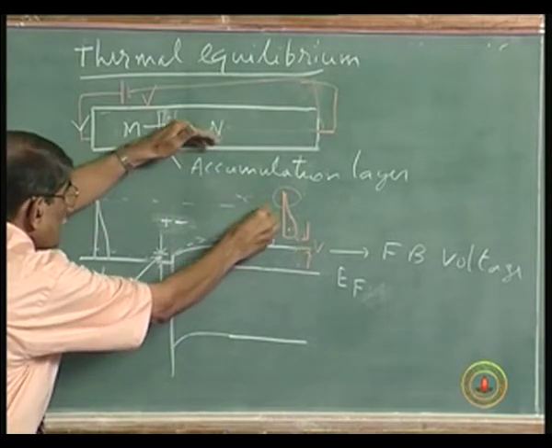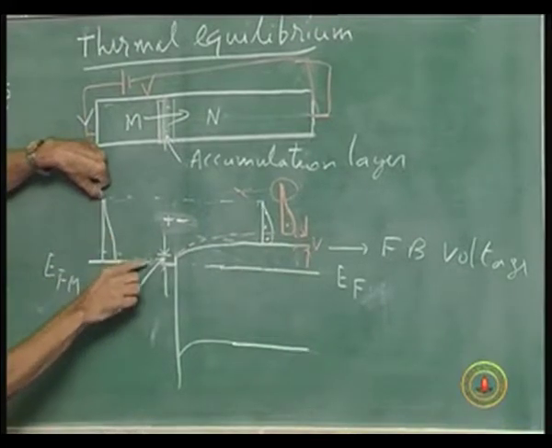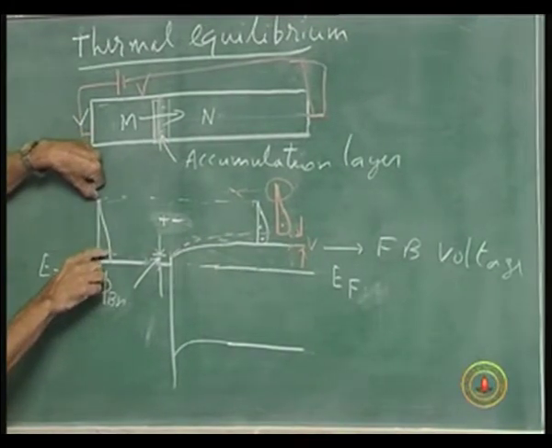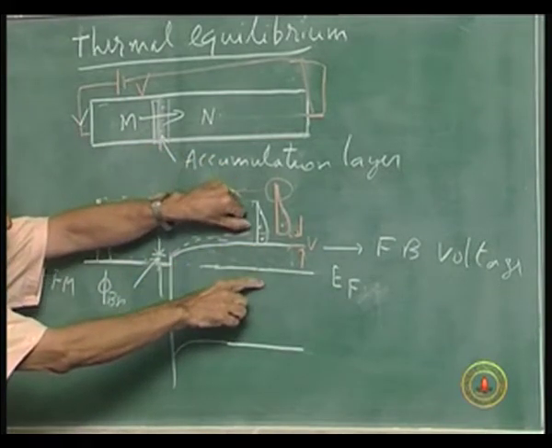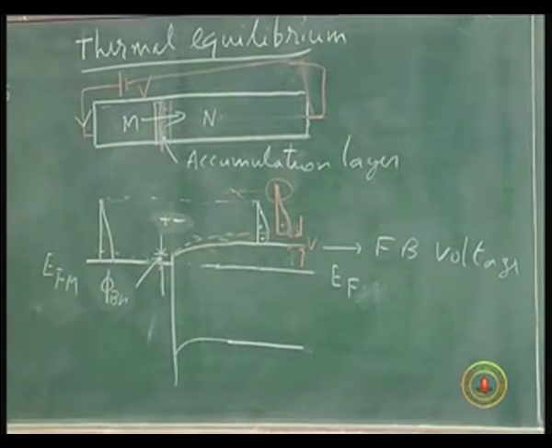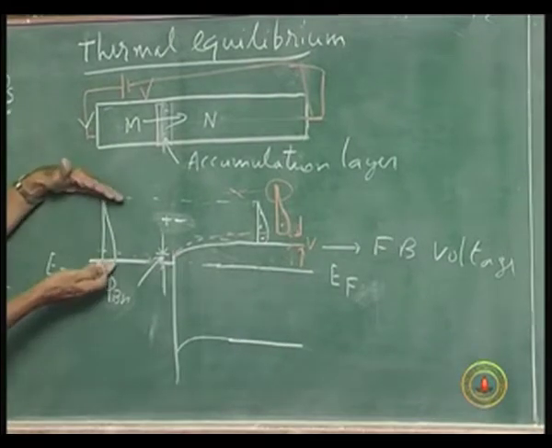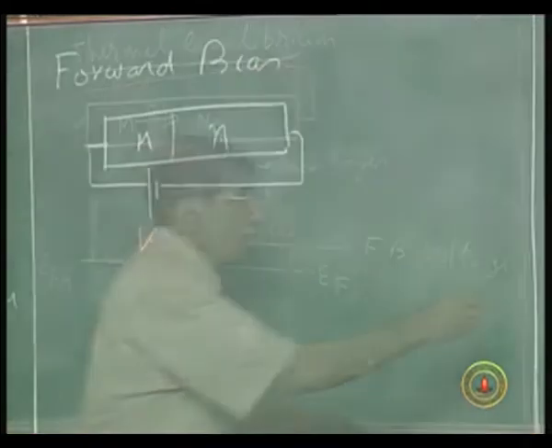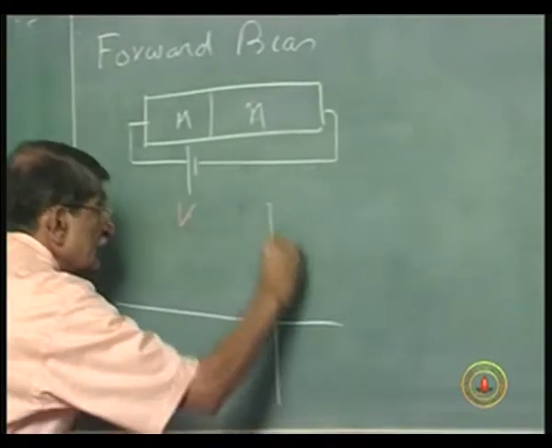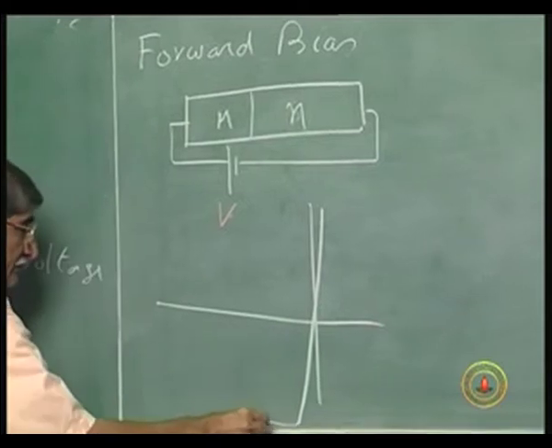The moment this level comes down, originally only this much were there, that was compensated by that. When this comes down, the number compensating slowly disappears. So, a huge number of electrons can flow. That is why this I naught is large, and you get the IV characteristic going down like that.